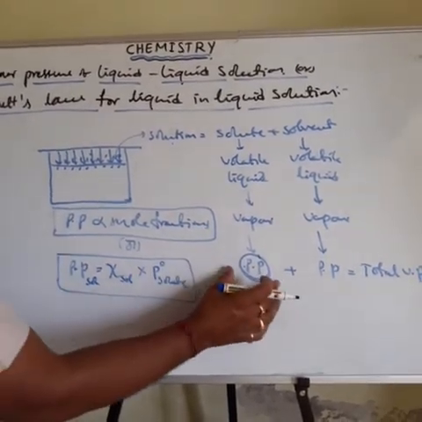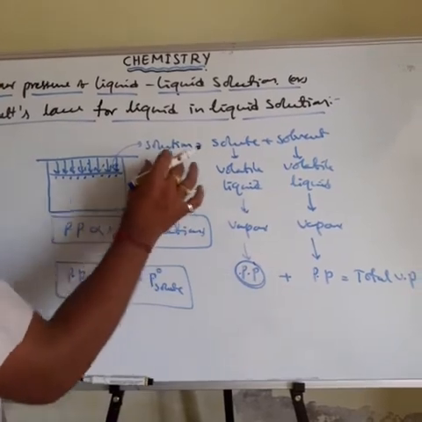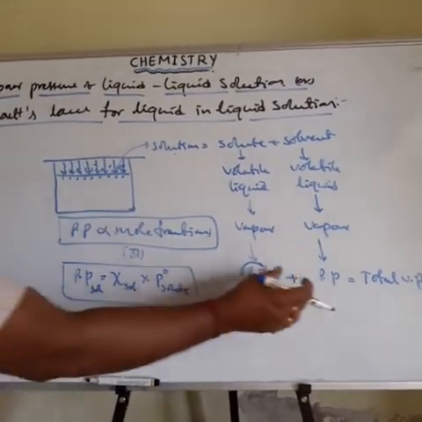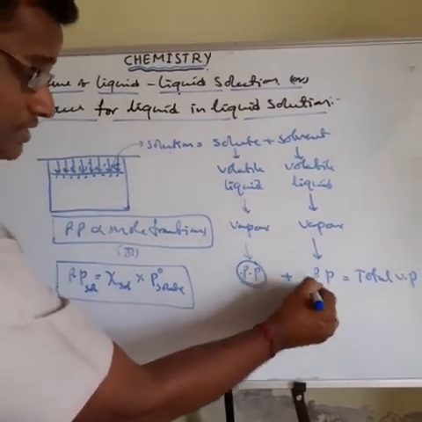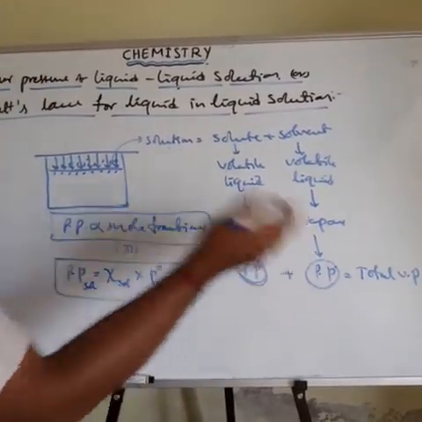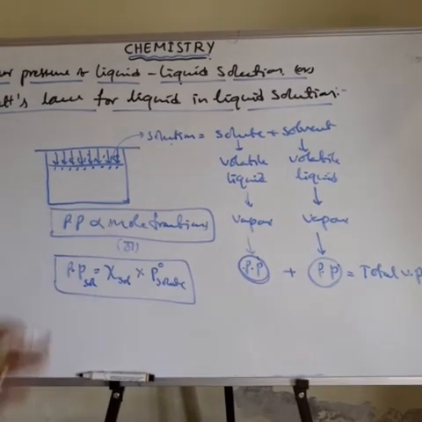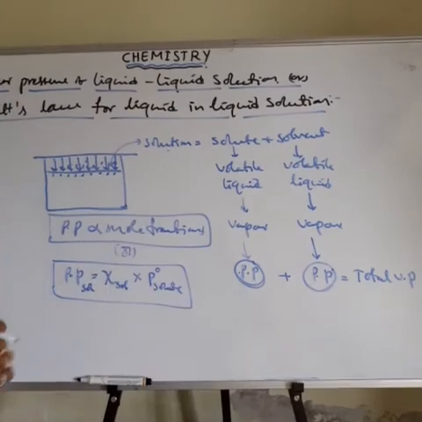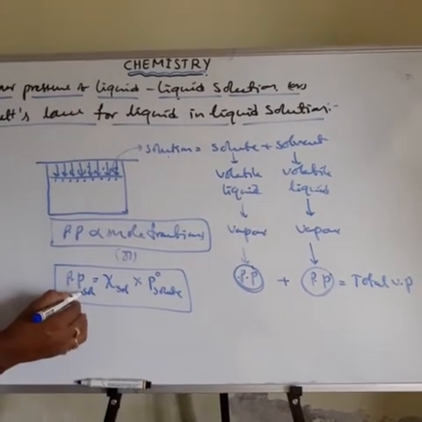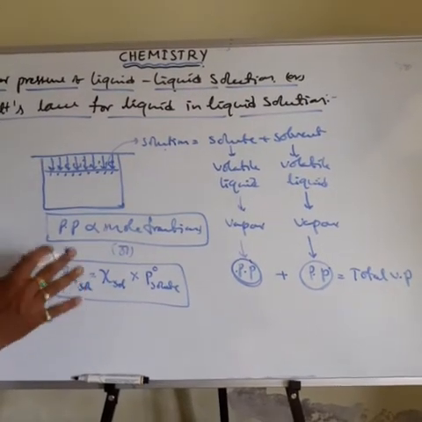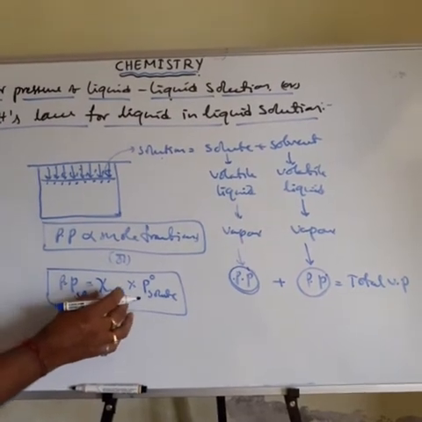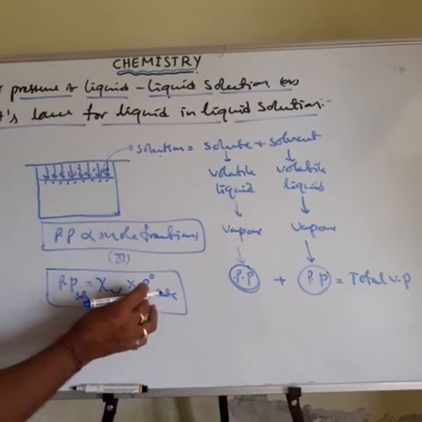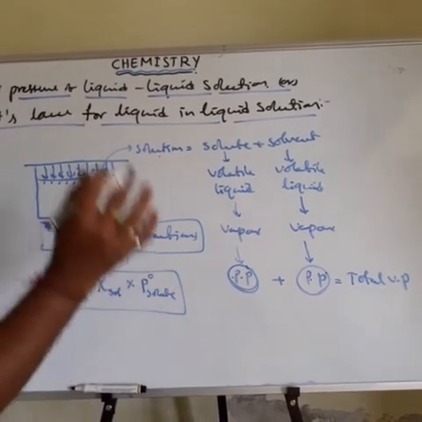Or second, the vapor pressure of each component in the solution is equal to the mole fraction of that component in the solution multiplied by the vapor pressure of that component in the pure state.